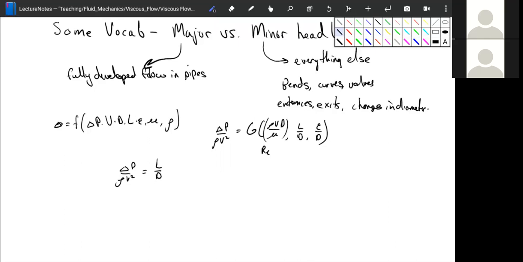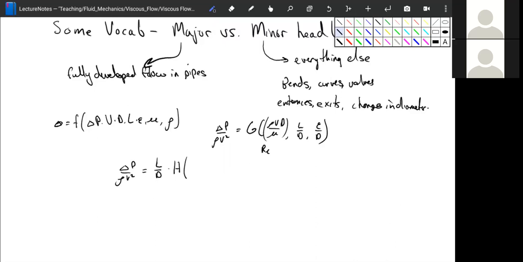So it's a linear relationship, and an inverse relationship with the diameter, times some unknown function. Let's call it H now because we've taken out the L over D. So it's not the same as G, but some unknown function H of rho V D over mu and E over D. And this unknown function is our friction factor.